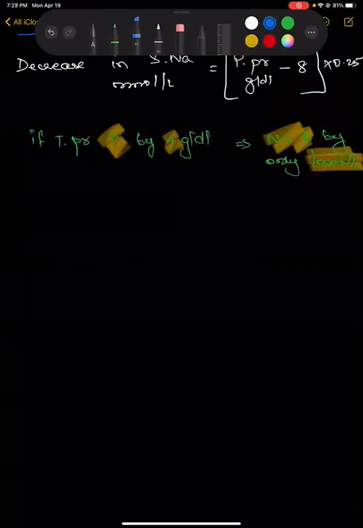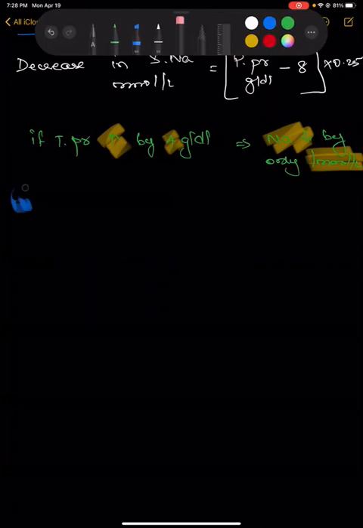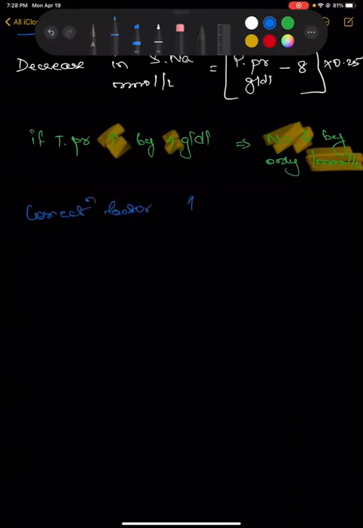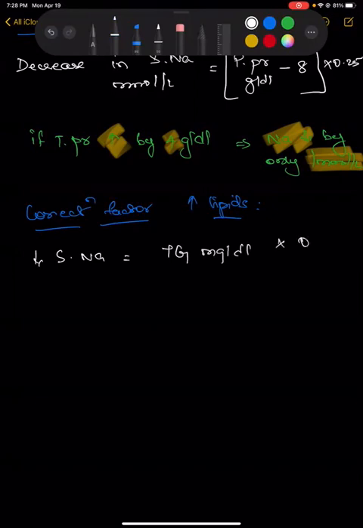And the correction factor for increase in lipids is even more insignificant. The decrease in serum sodium would be, the formula would be, triglycerides in mg per dl into 0.002.